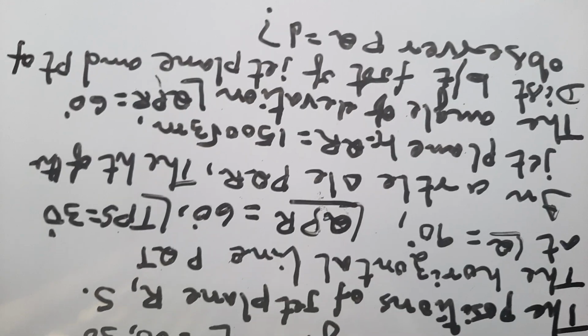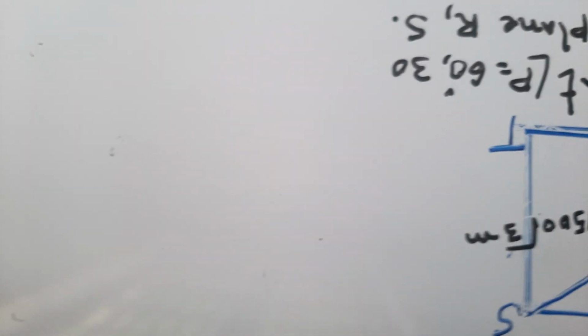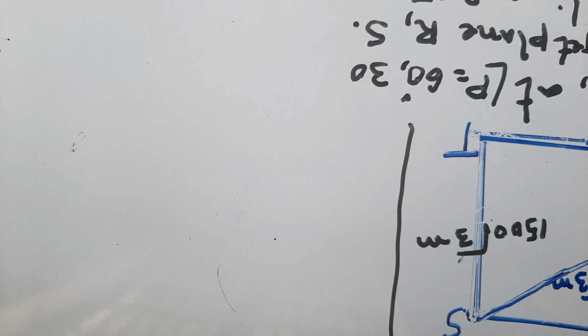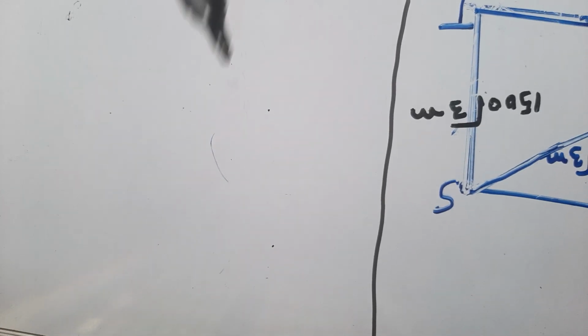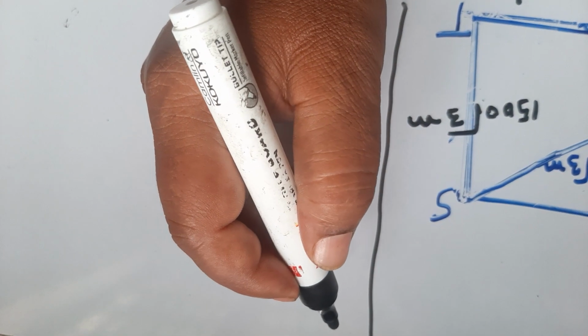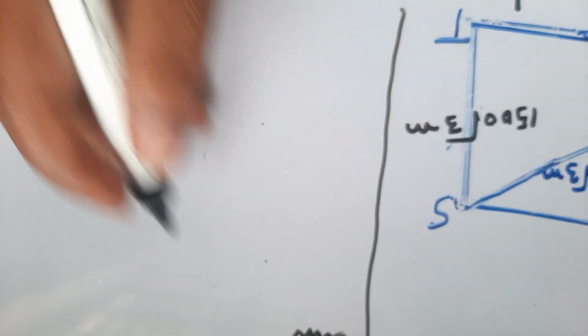So, everything is completed. Then we have to go for finding how to do this. So, in a right angle triangle, tan theta.